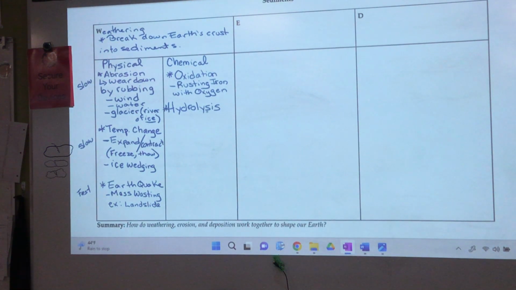And the lys at the back means to break apart. So what we're doing in hydrolysis is we are using H2O, which means water, to chemically change. I'm going to say chem. change.